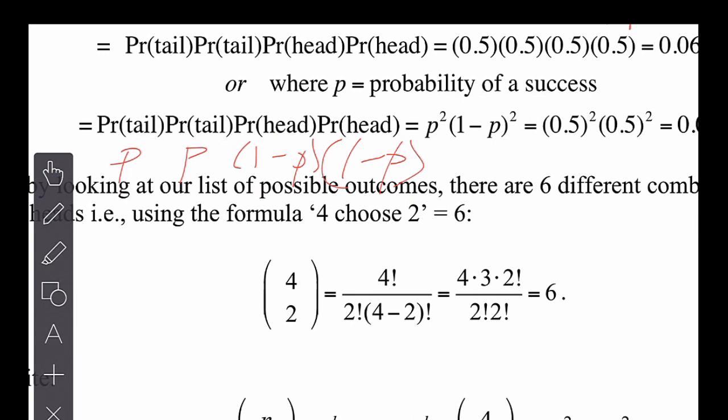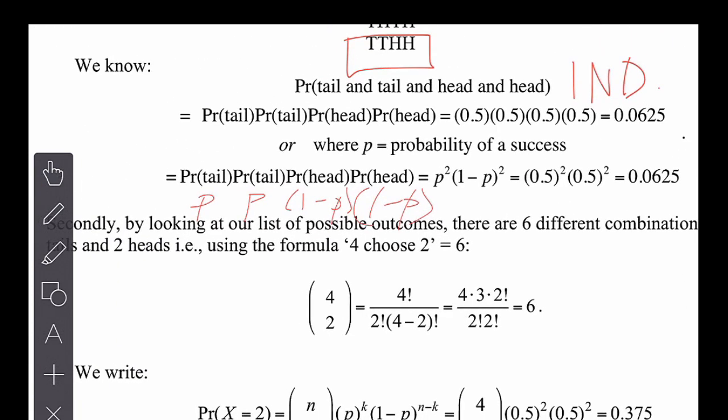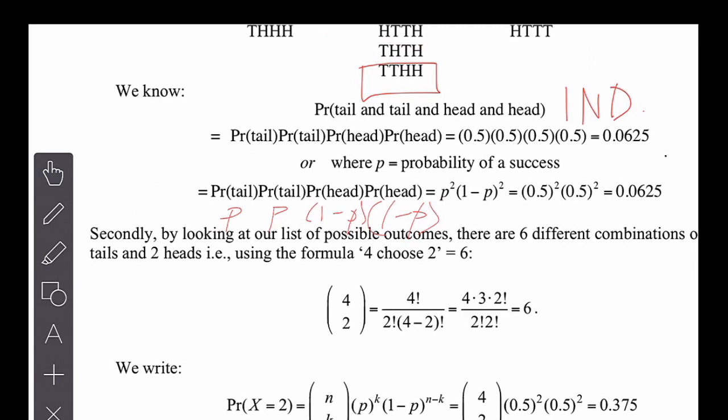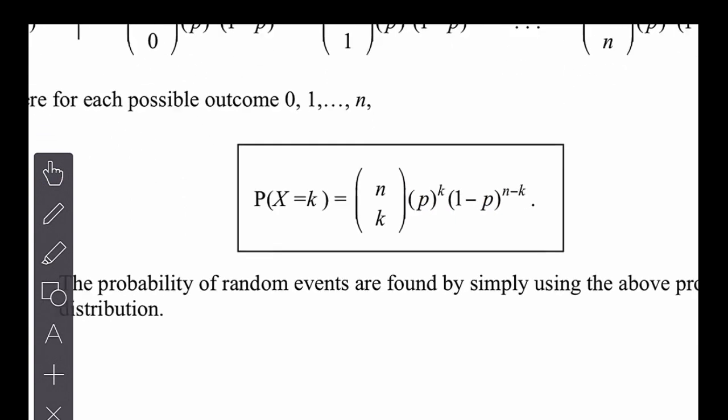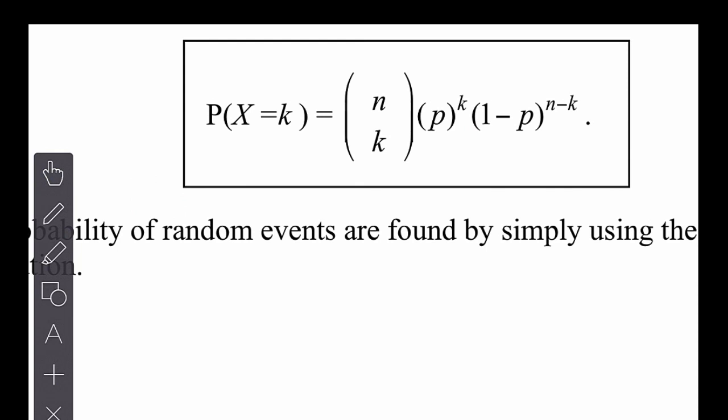So what is remaining is that value in front. We've done this so far. We figured out that it has to be p^k (1 minus p)^(n minus k), and depending on how many successes you're interested in, the k represents the number of successes you're interested in, and the n minus k is the number of failures.